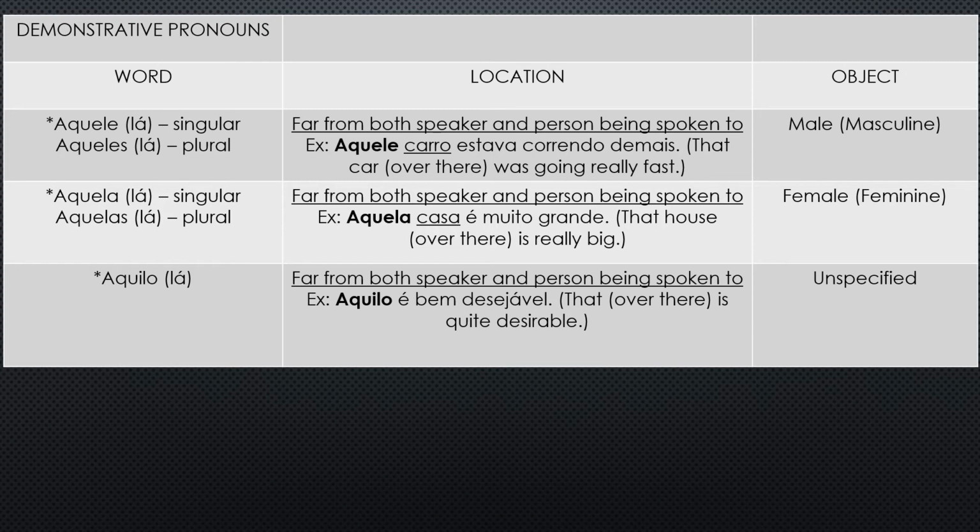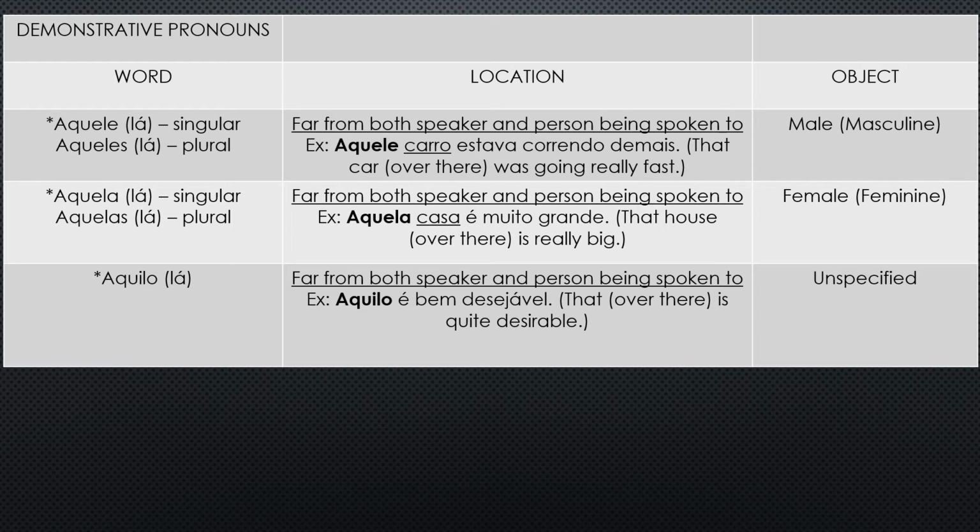Now, these last few are for things that are far from both the speaker and the person being spoken to. If it's a masculine word that you're talking about and it's singular, then use aquele. And I have in parentheses lá, which means there, way over there, aquele.